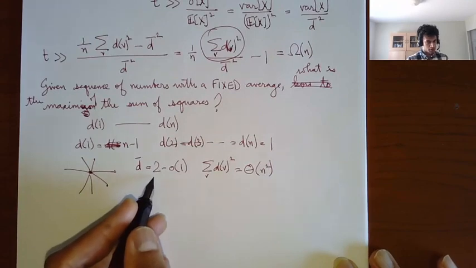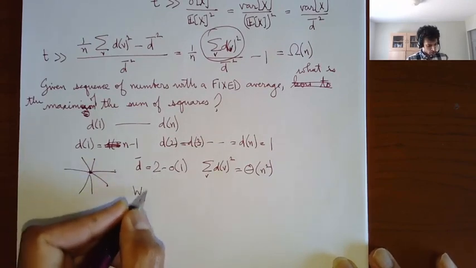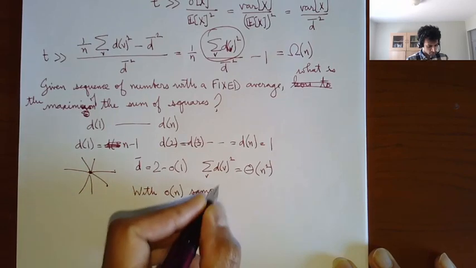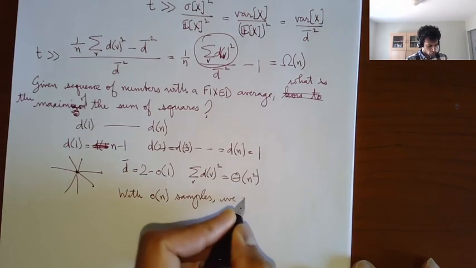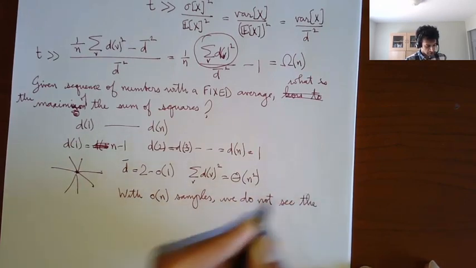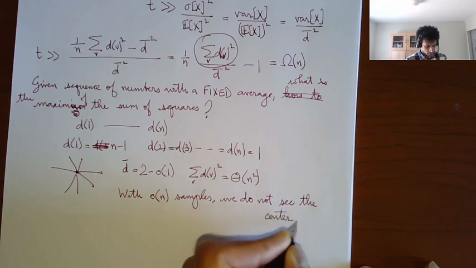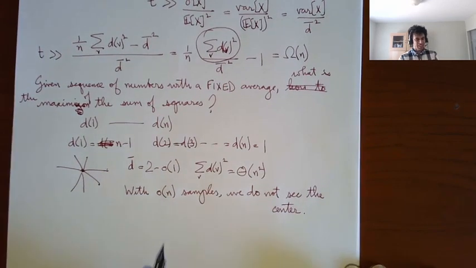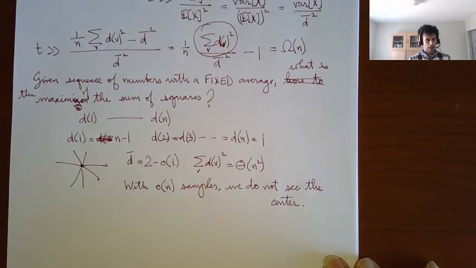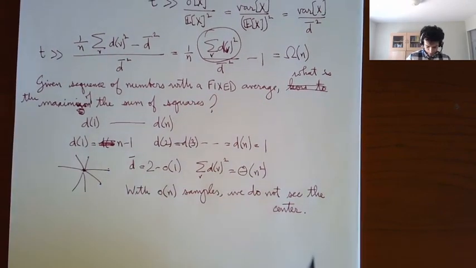The average degree is 2, but with little o of n samples, we do not see the center. So what is the empirical average with few samples? What is the average that you're going to see if you just took little o of n samples?